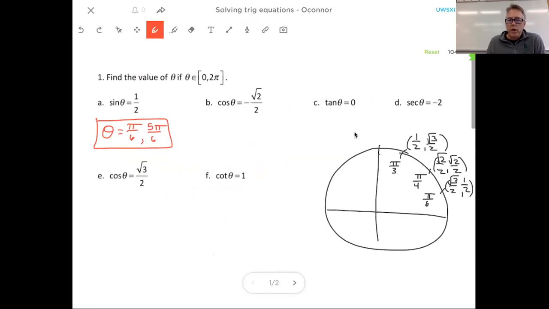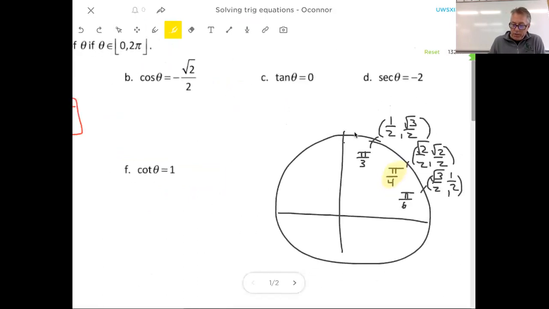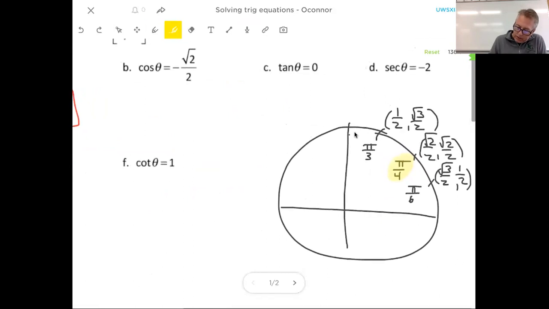Okay, to find where the cosine is equal to negative root 2 over 2. Well, I know the cosine is the x, and the x is positive root 2 over 2 here, but I want it to be negative. Well, the x is negative in the second and third quadrant. So I need those 2 points right there.